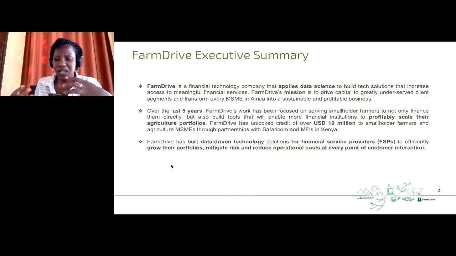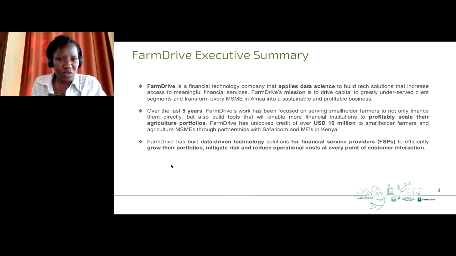So we are able to provide data services and back-end technology infrastructure that integrates with the different players so that we can get more agriculture portfolios going to the smallholder farmers from the different banks. So we are not necessarily in competition with the banks. We are an enabler, helping more banks, more lenders to get more money out to the smallholder farmers.